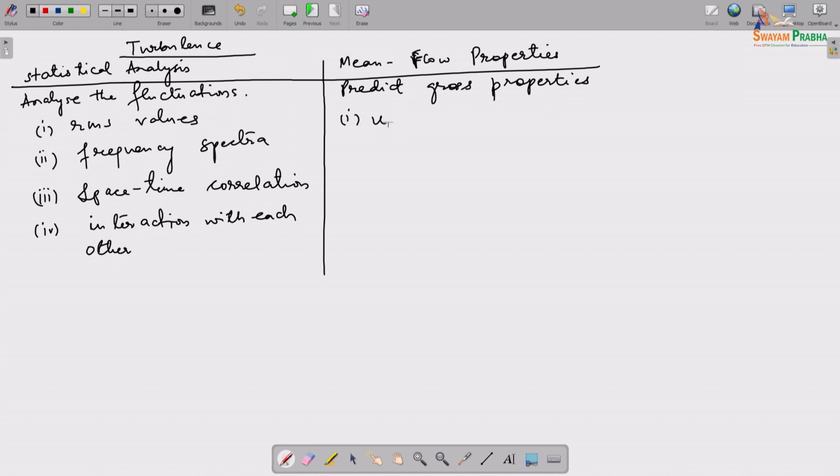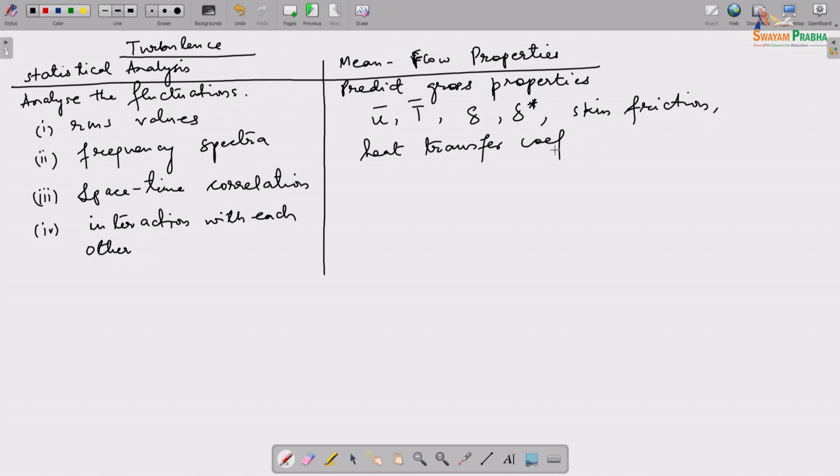So, which is this: skin friction, boundary layer thickness, boundary layer displacement thickness, skin friction, heat transfer coefficient, and so on and so forth, right.